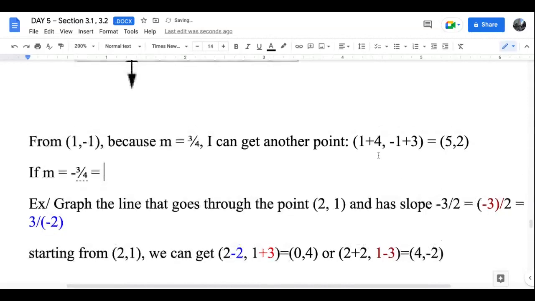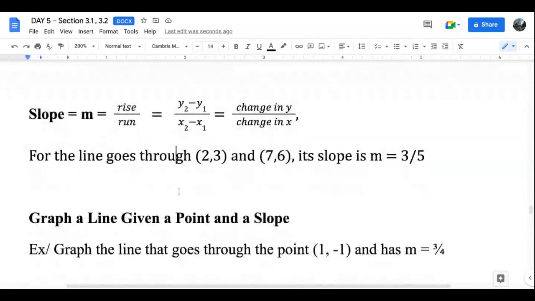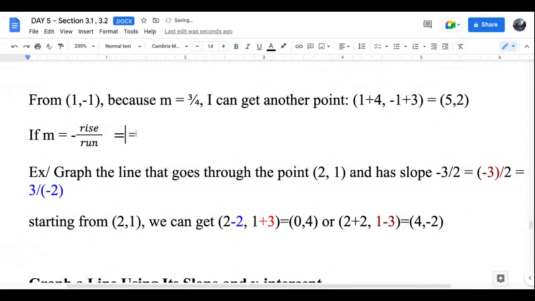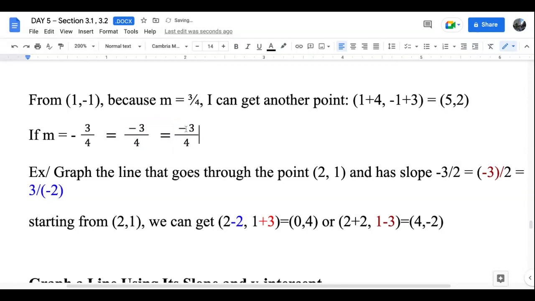I'm going to copy this one. If we have this, I can think of it one way where the numerator is negative, or the denominator is negative.